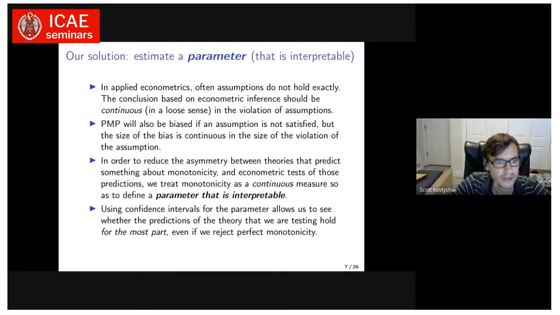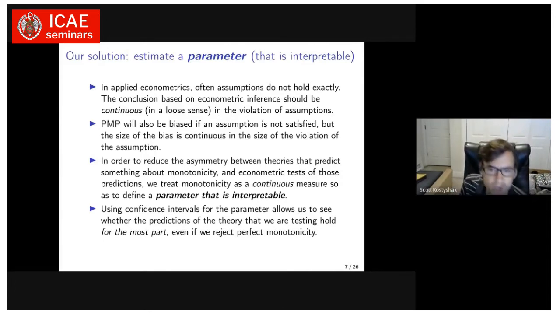The key is that there may be a small amount of bias. In econometrics, one thing we say when we teach is that at some point, in all cases, some assumption is violated, whether it's the assumption that we have an infinite sample size, that asymptotics hold. So it's good to have a technique that is continuous in some sense in the violation of monotonicity.